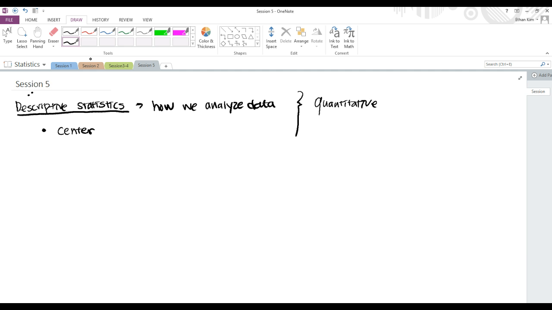Center, spread, and shape. These are the three things that we need to be aware of when we are analyzing any set of data. So we will be discussing this. Let's just jump on to these topics.